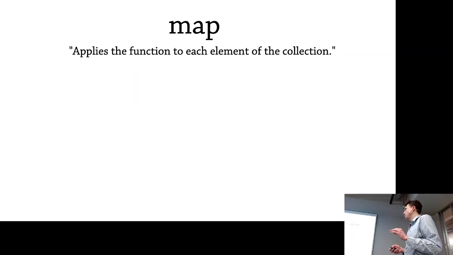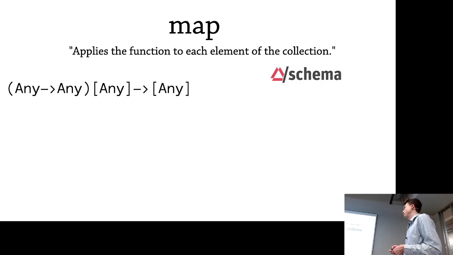All right, so let's use the same strategy to build up the new spec for map. So this is a good spec for map. If you have a collection of anything, your function needs to take anything and return anything, and then you get anything out.